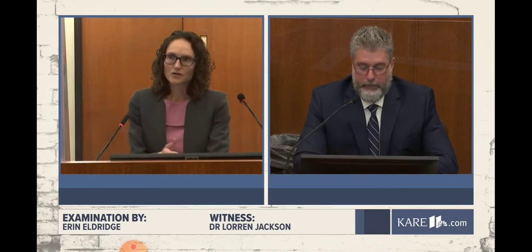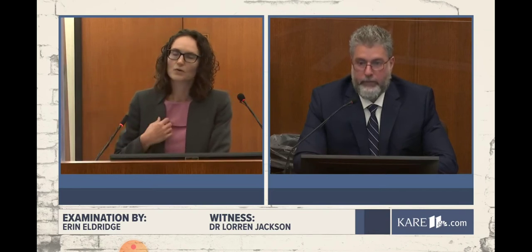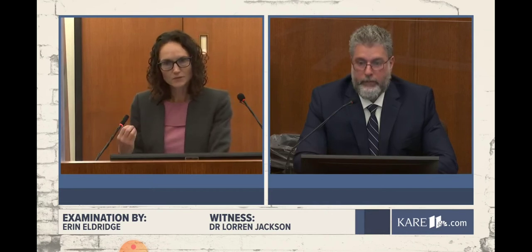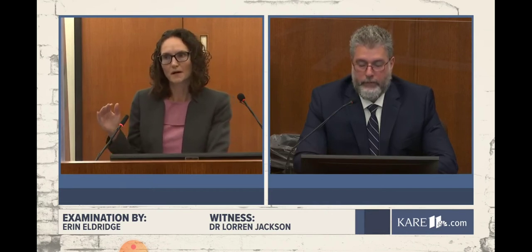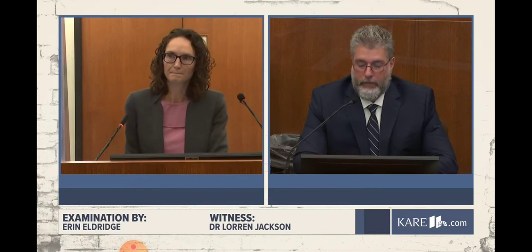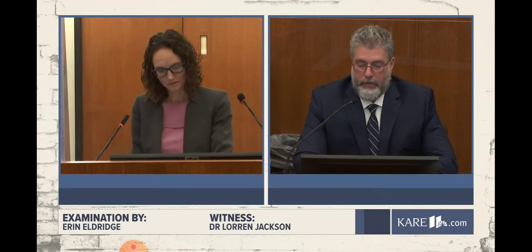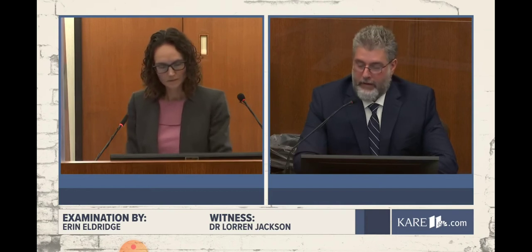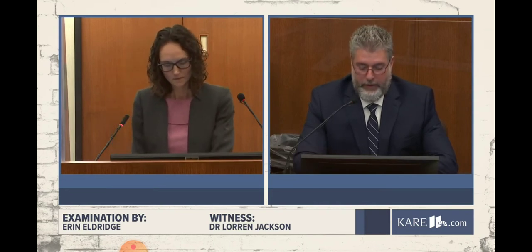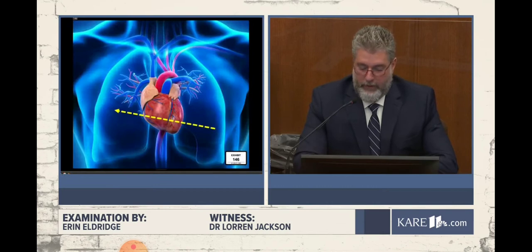Now, using this image, could you please describe what organs were impacted and what you observed on the inside of the body with respect to the trajectory? Yes, I selected this diagram, and I would point out that it is a diagram in 2 dimensions, so it doesn't capture exactly the orientation in the body, but it does show the general pattern of injury.